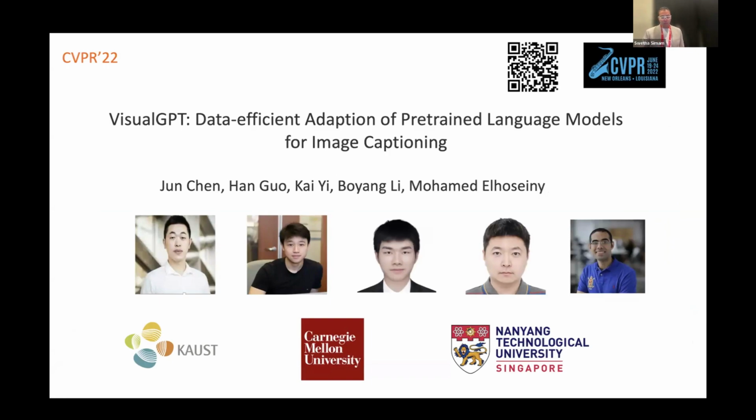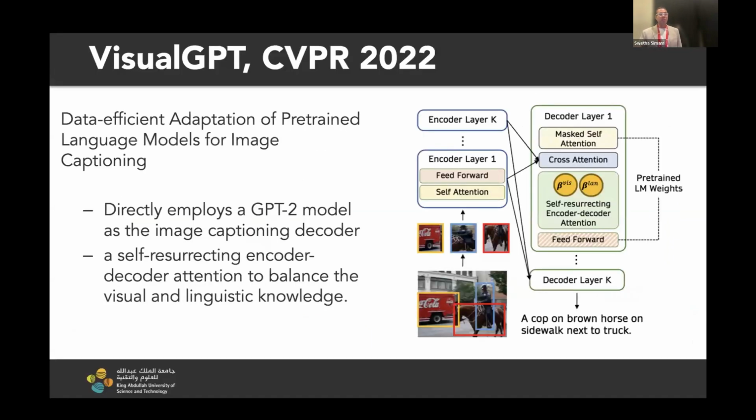VisualGPT was based on GPT-2 by OpenAI, and basically we feed the images into stacked transformer layers, which are learned together with a learnable cross-attention mechanism that bridges the visual information into the large language model to enable image captioning. At that time, this was the first work that integrates pre-trained LLMs for facilitating image captioning.